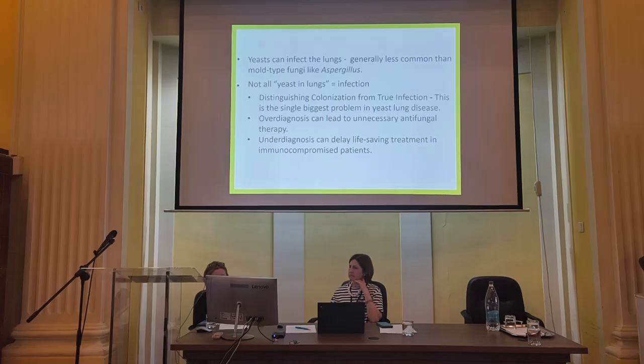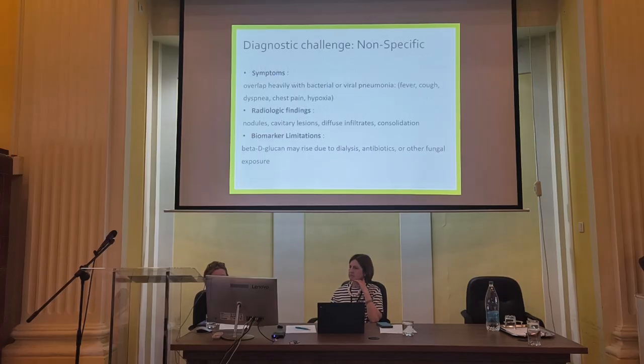diagnosis. So, as I have already emphasized, the non-specific symptoms of yeast lung infections are what make it a diagnostic challenge. Symptoms strongly overlap with bacterial and viral pneumonia or infections, and patients present with fever, cough, shortness of breath, chest pain, hypoxia. Radiologic findings are not specific.